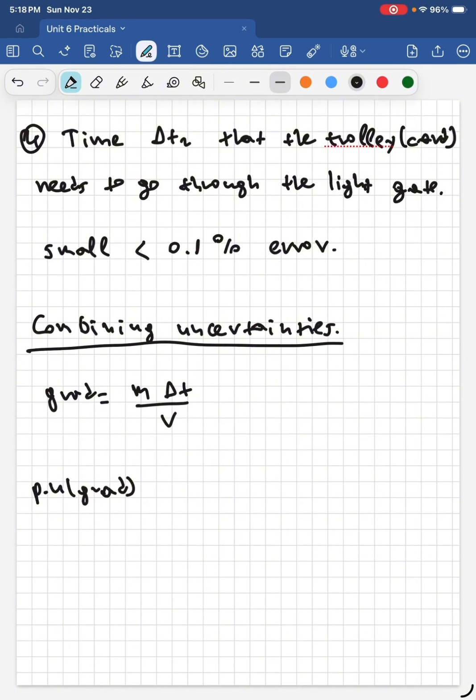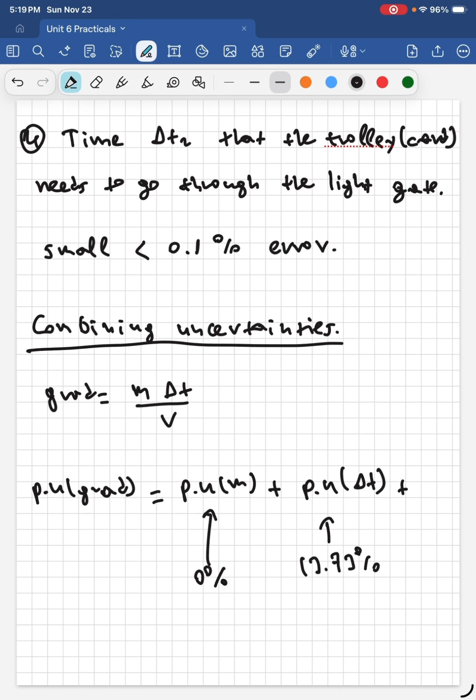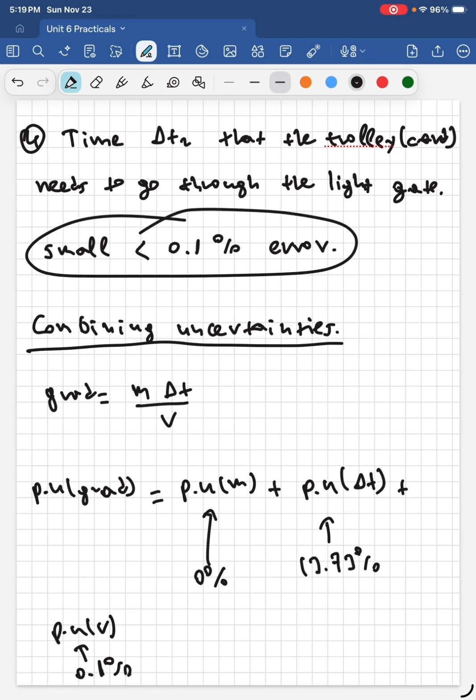So the percentage uncertainty in the gradient is going to be the percentage uncertainty in the mass, which we took to be 0%, plus the percentage uncertainty in delta t, which we took to be 13.73%, plus the percentage uncertainty in v, which we take to be 0.1%, which we take from here. So the total percentage uncertainty will be 13.83% for the gradient.